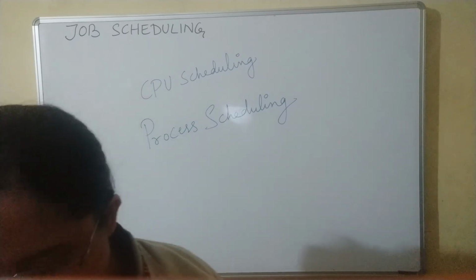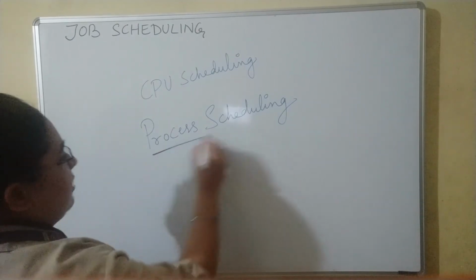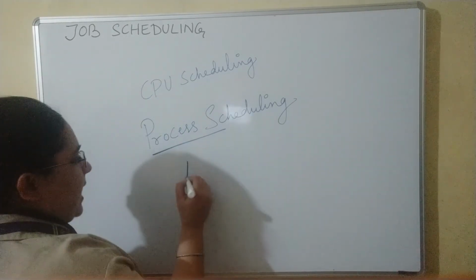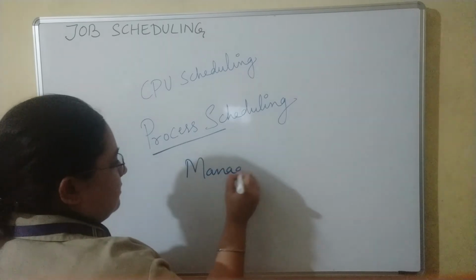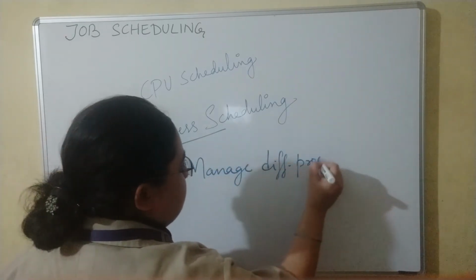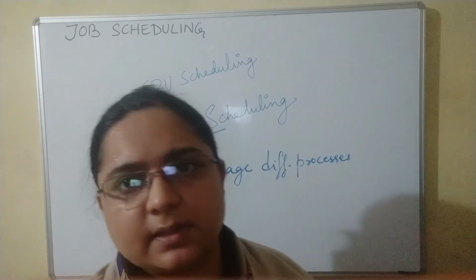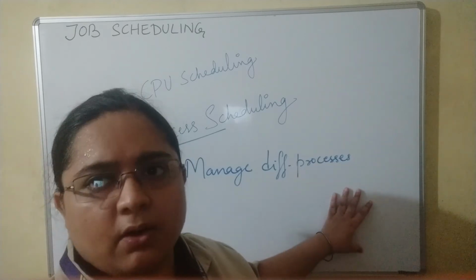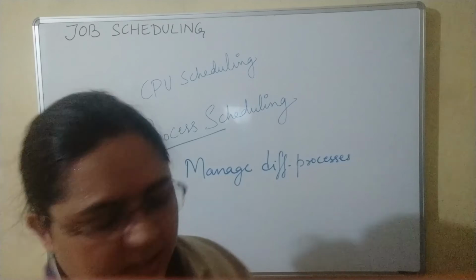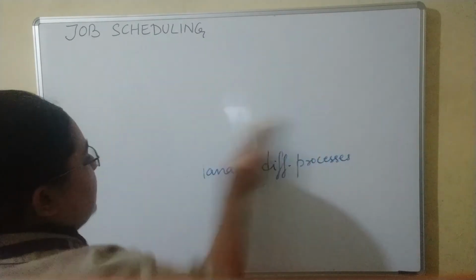So all these things come under what? Scheduling. So now when we talk about process scheduling, CPU scheduling, it means how to manage different processes so that they all could execute properly and efficiently on the CPU. See, the main idea behind scheduling is your CPU should never be idle.